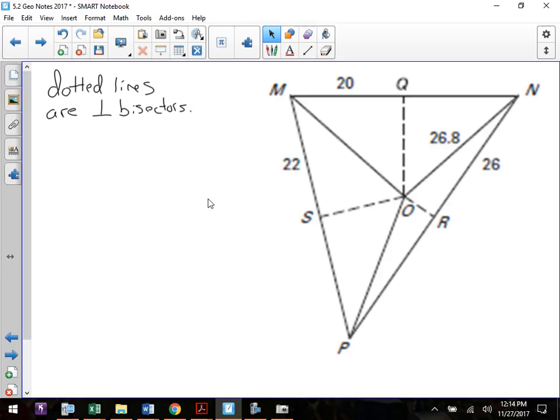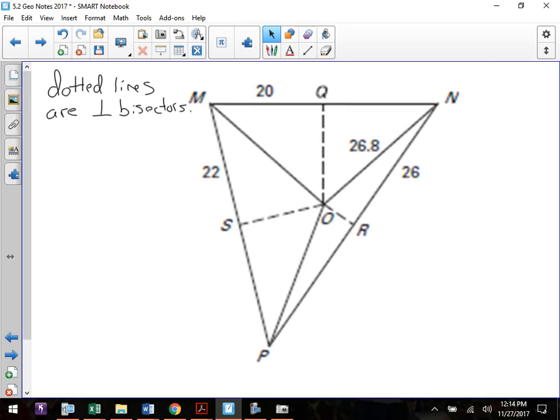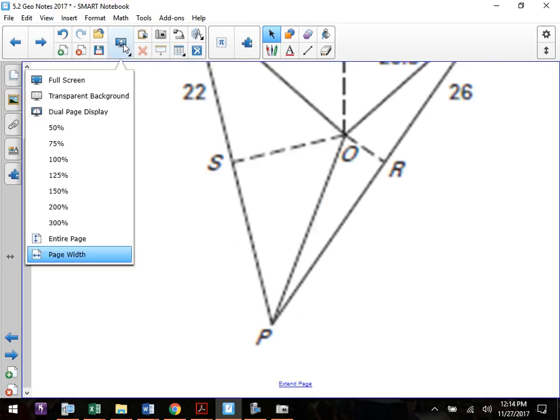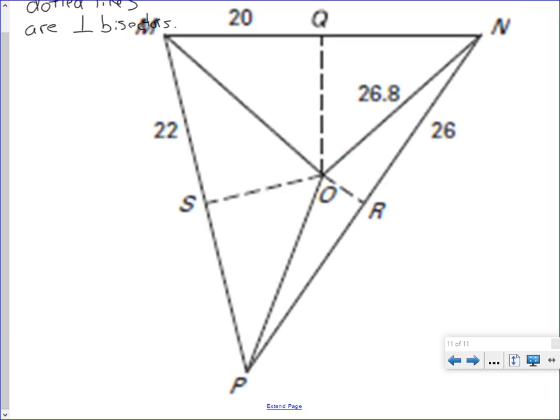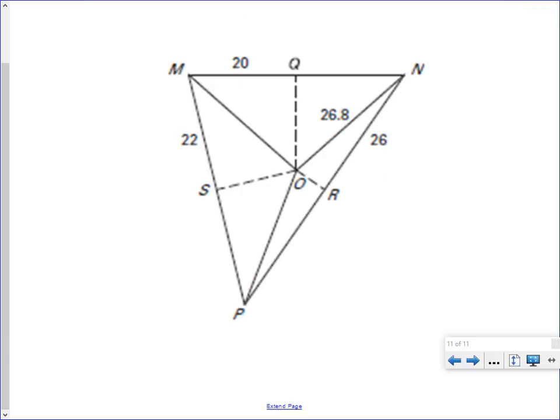Yeah, exactly. What I want you guys to see here, and I apologize for the drawing being kind of off a little bit, all the dotted lines there are perpendicular bisectors. Okay? Let me blow this up a little better for you real quick. Take a second to try and draw this out, because there's enough information here.